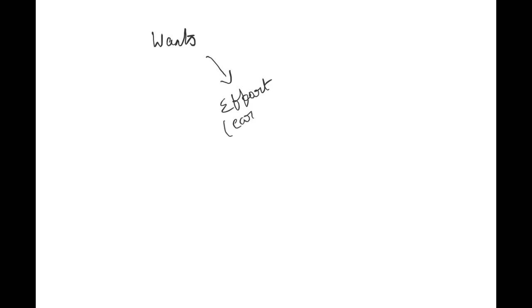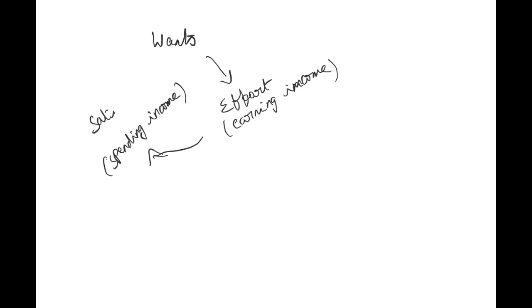So effort is nothing but whatever efforts we are taking to earn income. With that money income which we received, we are spending our money income. By spending our money income, we are purchasing the commodity or service. So we are getting the satisfaction.